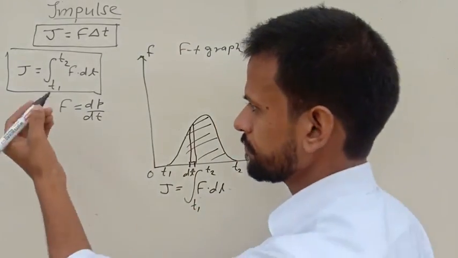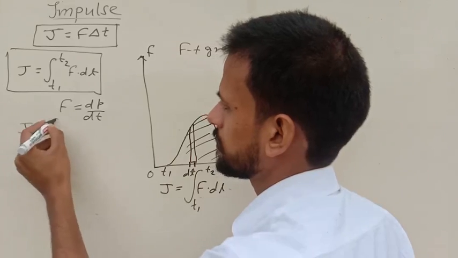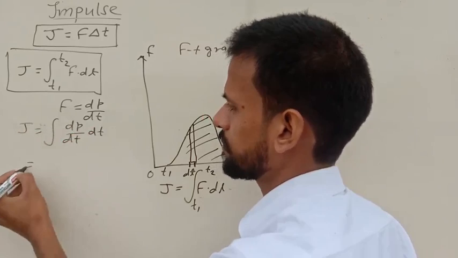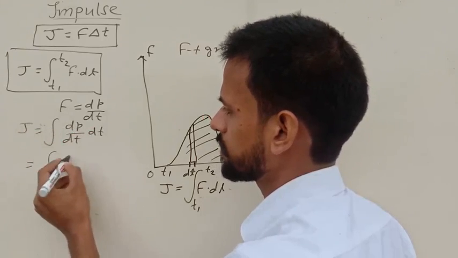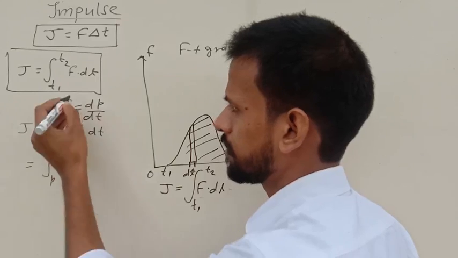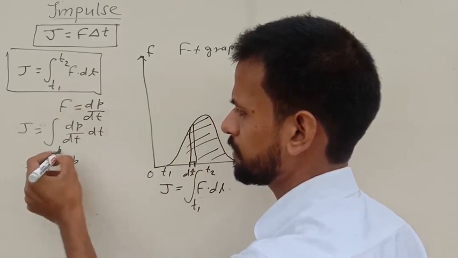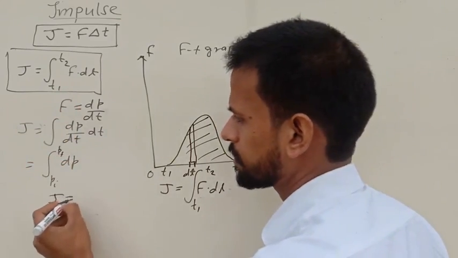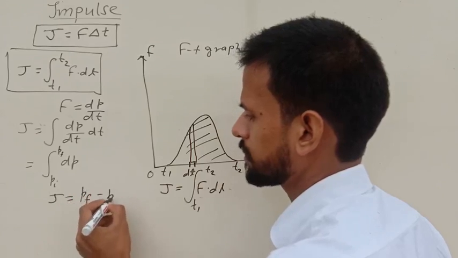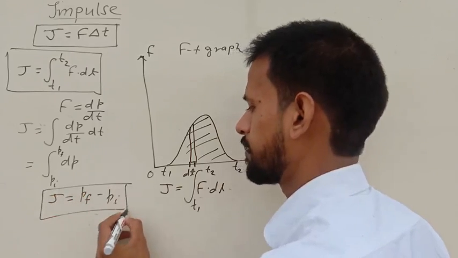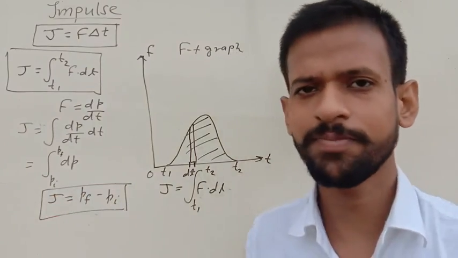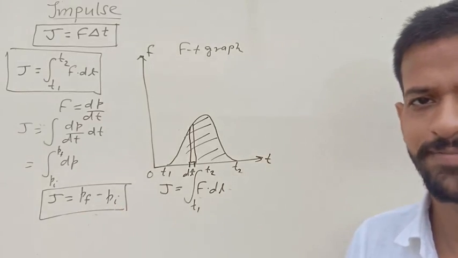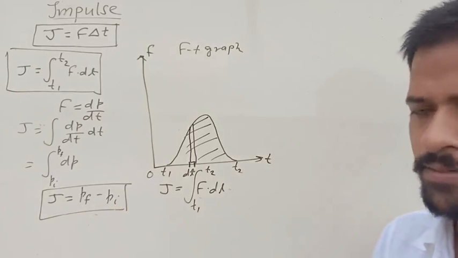So J is integration of dp by dt, dt, this dt cancels, so this is dp. So limit becomes initial momentum up to final momentum, then impulse J is equal to final momentum minus initial momentum. Now again we define impulse: impulse is the change in momentum of a body. So change in momentum is the impulse.